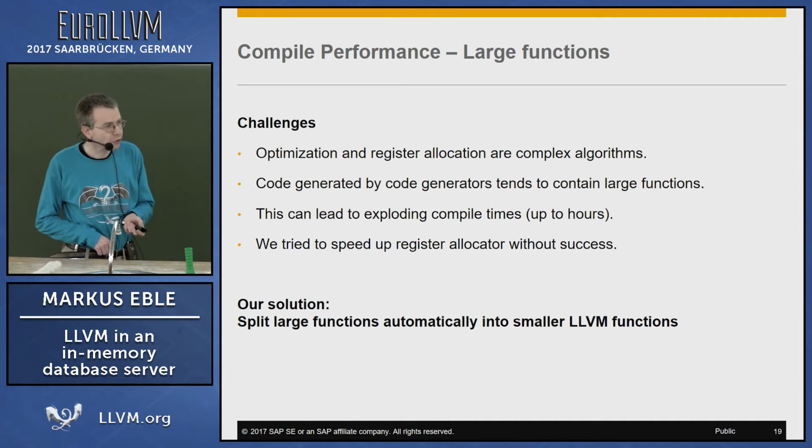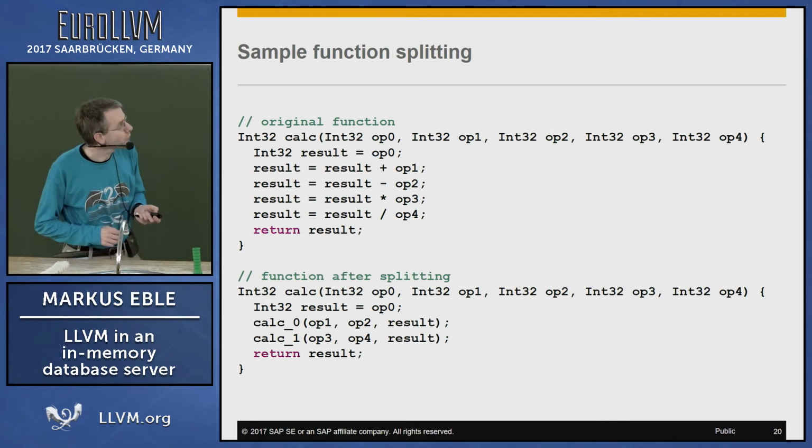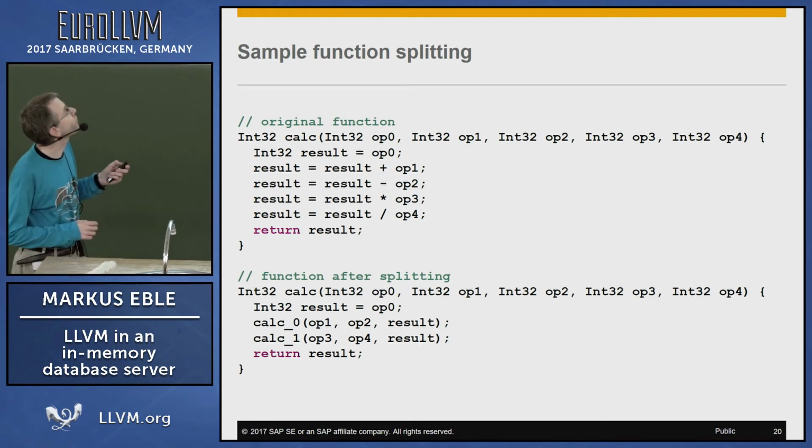Fortunately, we succeeded there with a rather simple heuristic, basically going sequentially through the program until we find a large enough block which can be split and which has also no problematic dependencies to the outside, like for example jumps. So here's a small synthetic example.